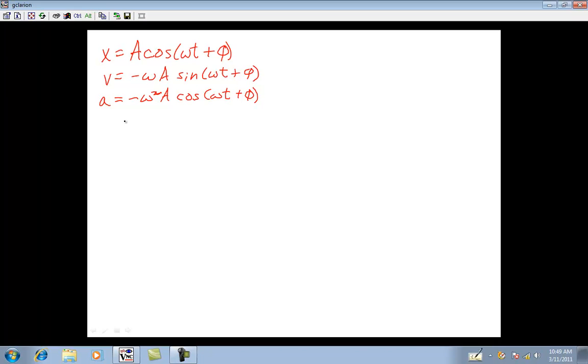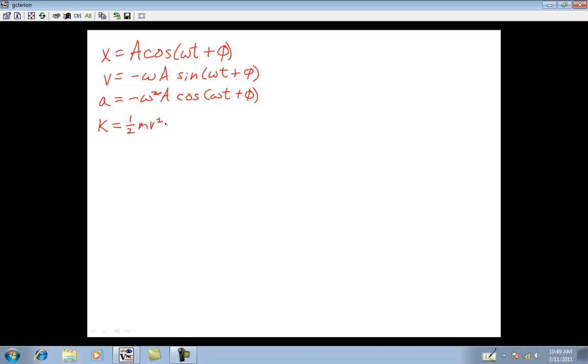The first thing is we're going to write down the kinetic energy equation that applies to simple harmonic motion. The kinetic energy equation would be 1/2 mv squared. Because we already have the equation for velocity, we just plug in the velocity function and square it.